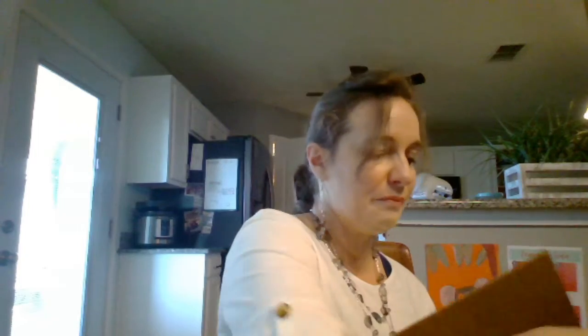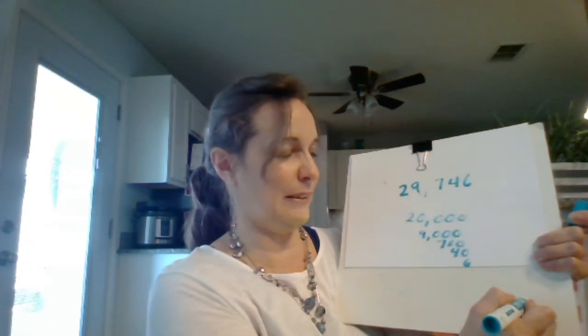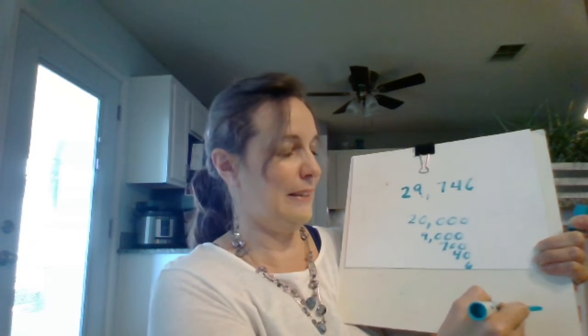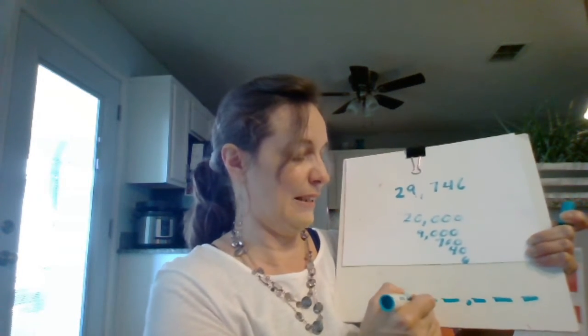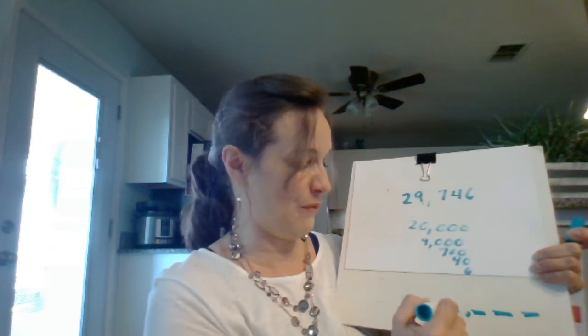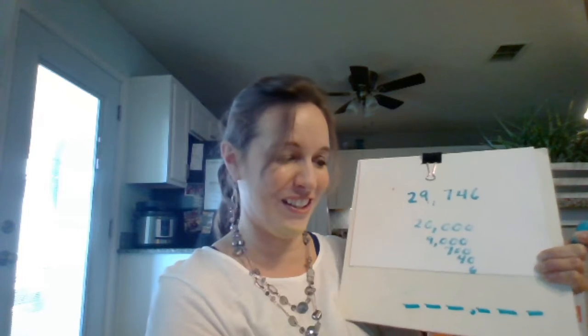Let me just see if I can do this on the board. All right, so what I have is a number in the hundred thousands place. So I've got ones, tens, hundreds, thousands, 10,000s, 100,000s. Look at that big number. 1, 2, 3, 4, 5, 6 digits long.